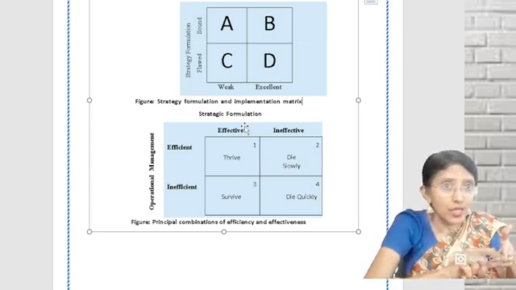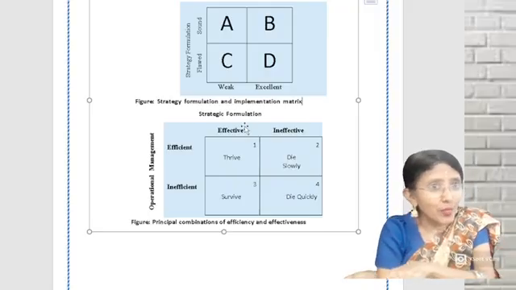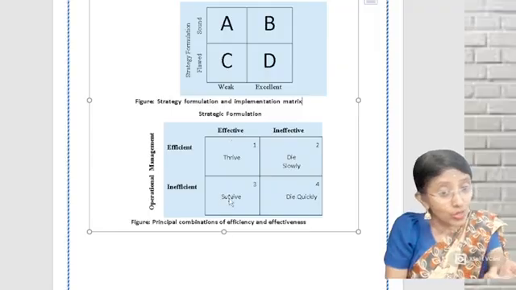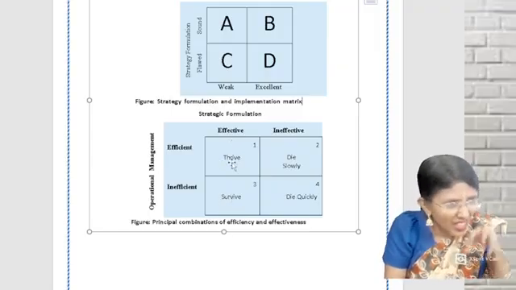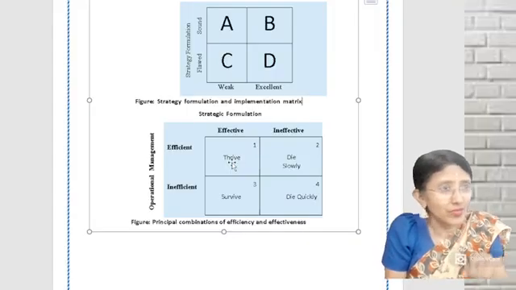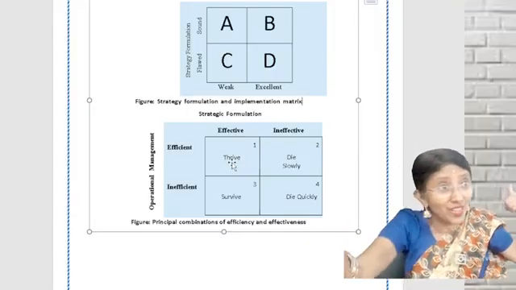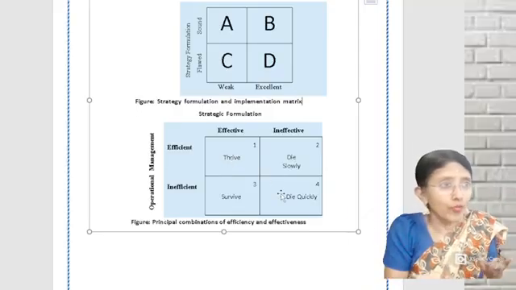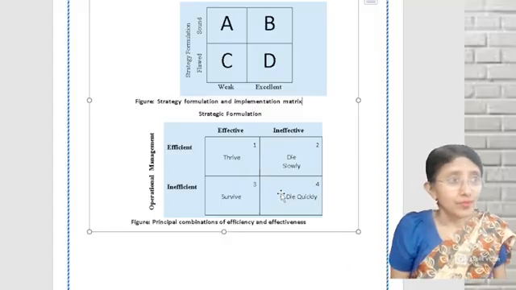In efficiency, you are doing things rightly, but whether you are doing the right thing is not there. So here you are effective, so you survive. This is thrive, to some extent you can thrive. Thriving is different from surviving, isn't it? And the last one is both flawed, die quickly.